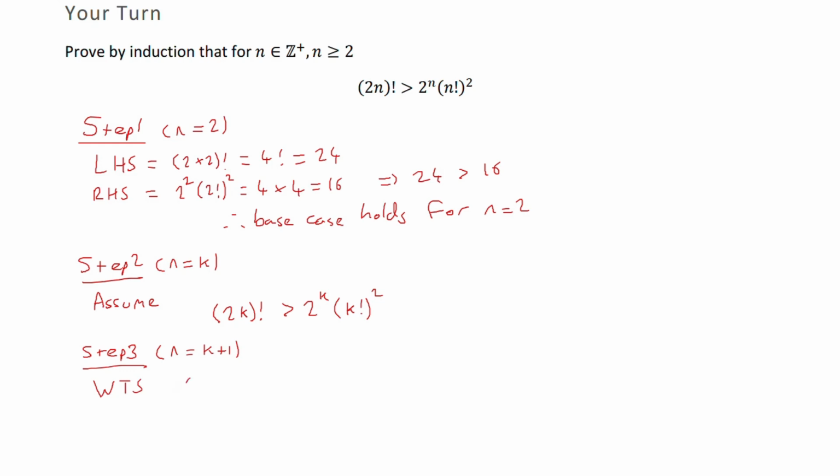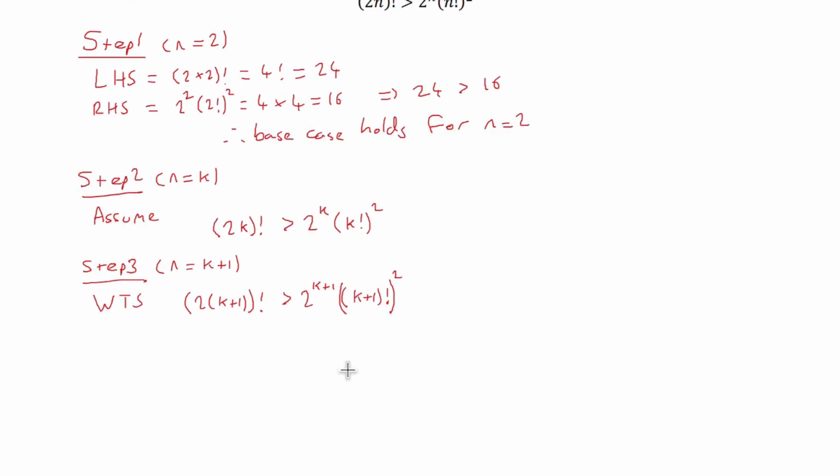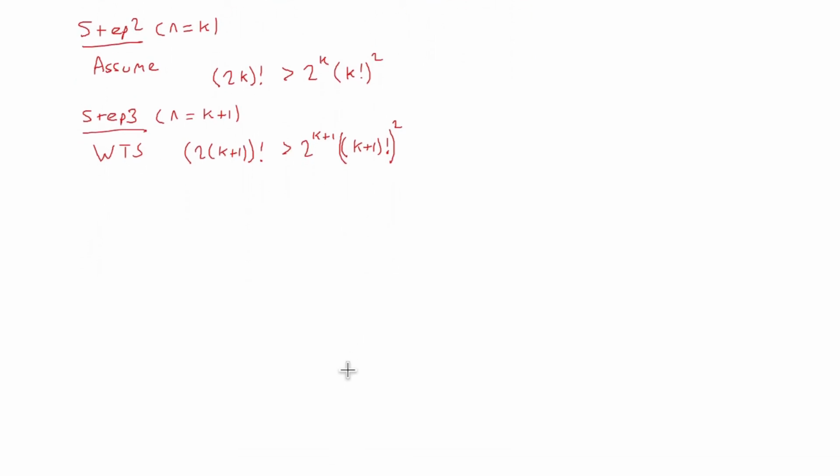What we want to show is that 2 lots of k plus 1 factorial is bigger than 2 to the k plus 1 times k plus 1 factorial, and then that factorial squared. So this is what we're trying to show in this case. And we're going to have to use, obviously, our assumption like we always do.